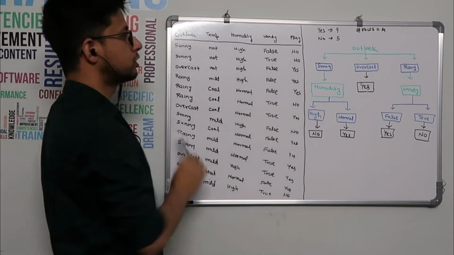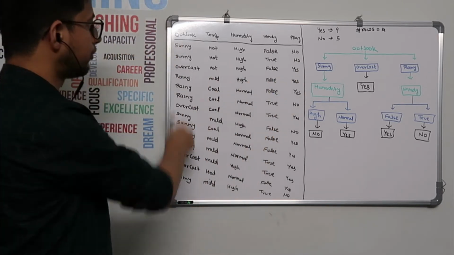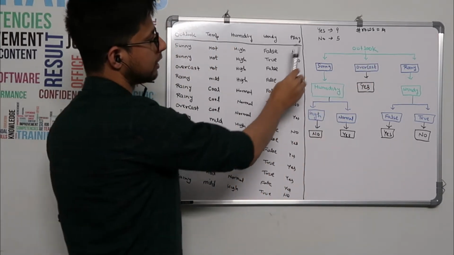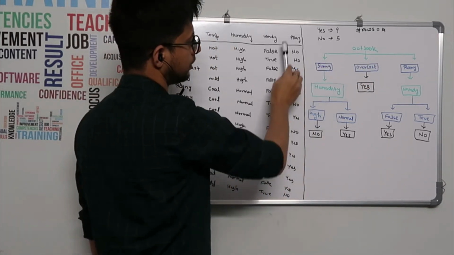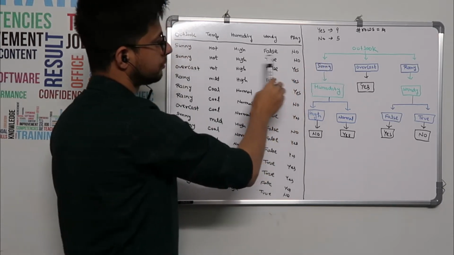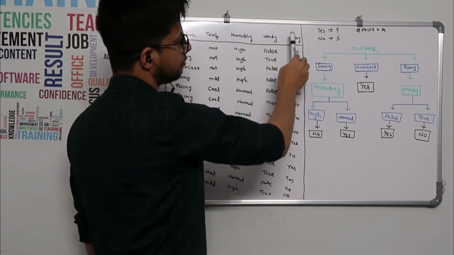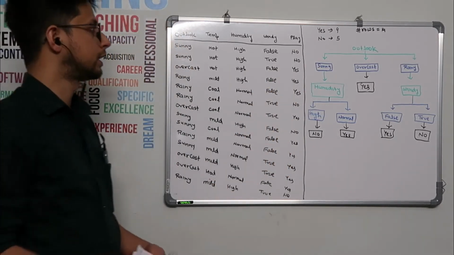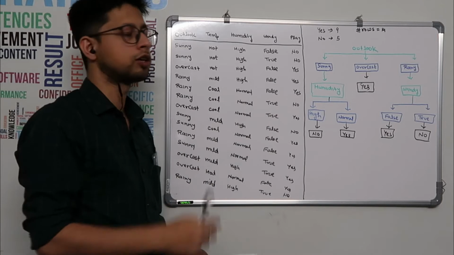That's what one row is denoting. In total we have 14 records, and out of that yes are 9 and no are 5. So in 9 cases play has happened and 5 times play has not happened. This is the data we will be using to explain the concept.